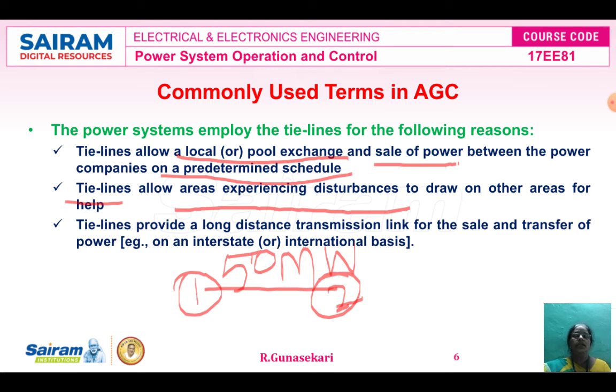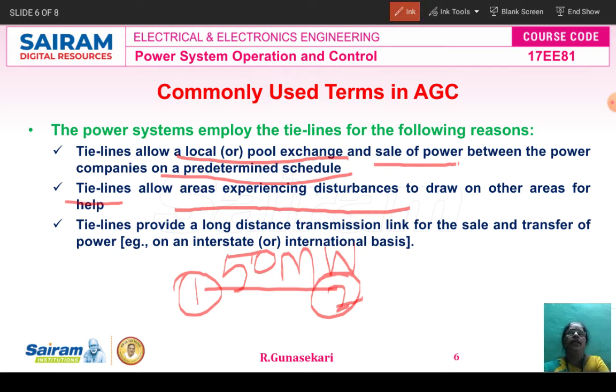The next, the tie line is used in the interconnected power system as a long distance transmission link. Transmission is of 3 types: short, medium, and long transmission system, and there the losses are more. If you use a tie line, we can exchange or sell power between the power companies over long distance transmission. This is the advantage of tie lines used in the interconnected power system.